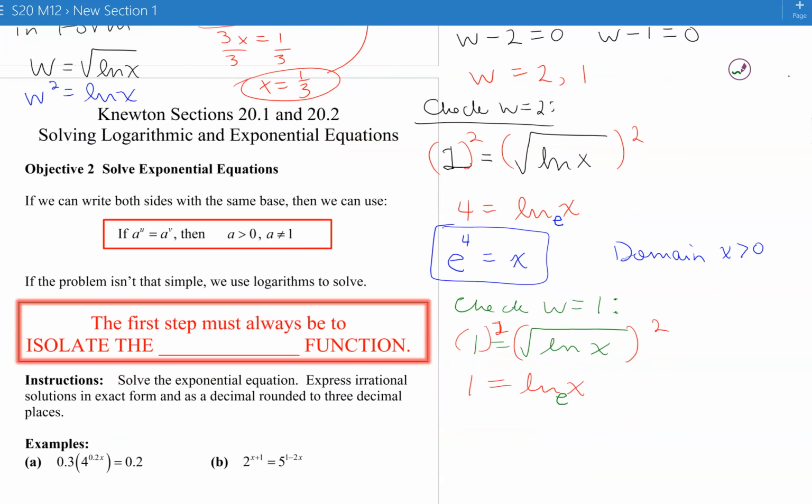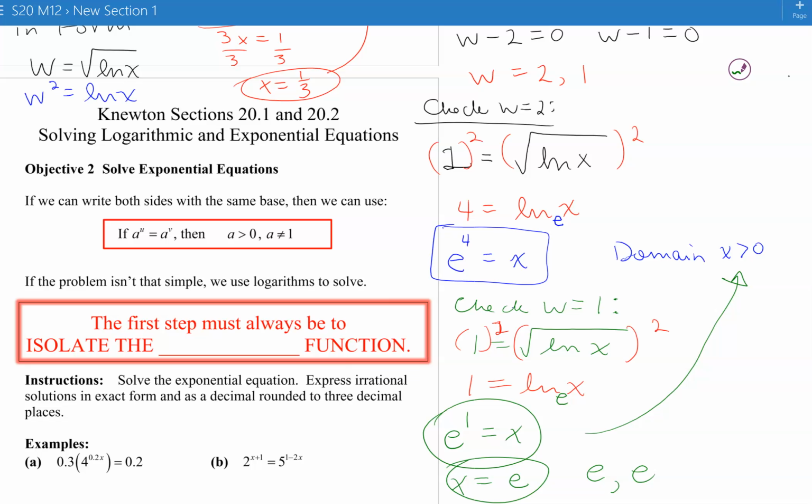And again, there's a little base e, so e to the 1 equals x. And that's also positive, so x equals e is also a solution. So e and e to the fourth. Those are our two solutions. Okay, so I'm going to pause here and then we'll come back and do exponential equations.